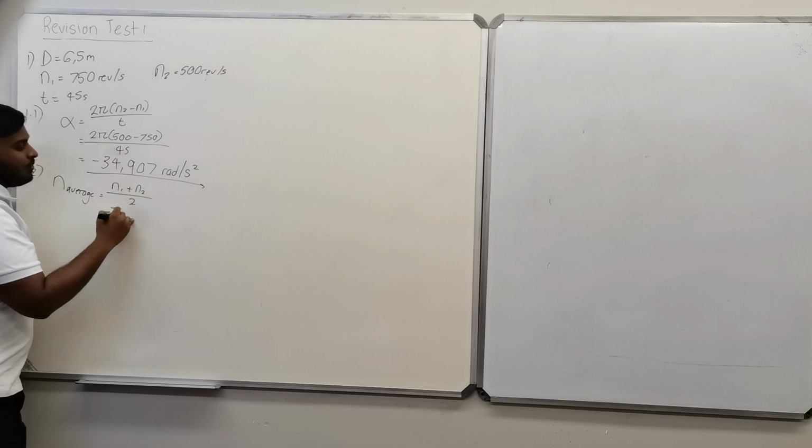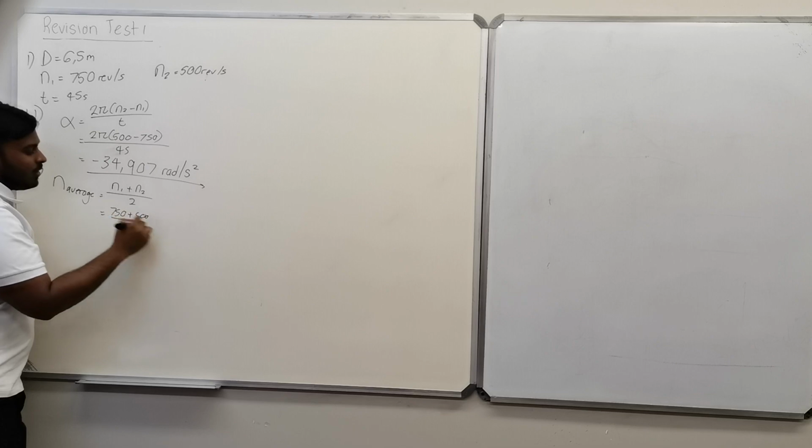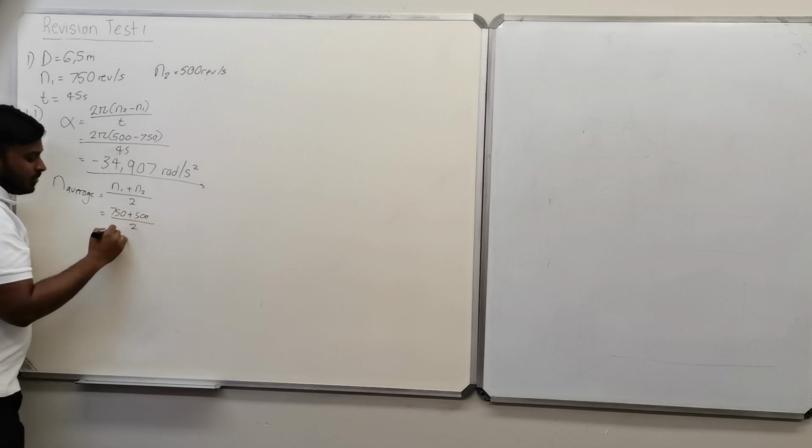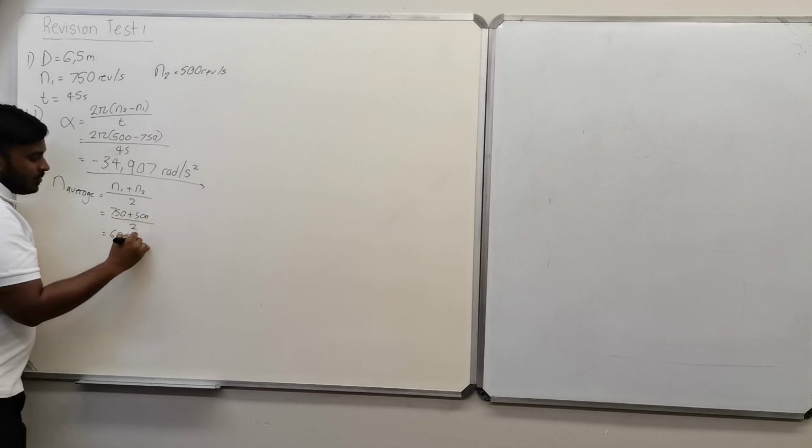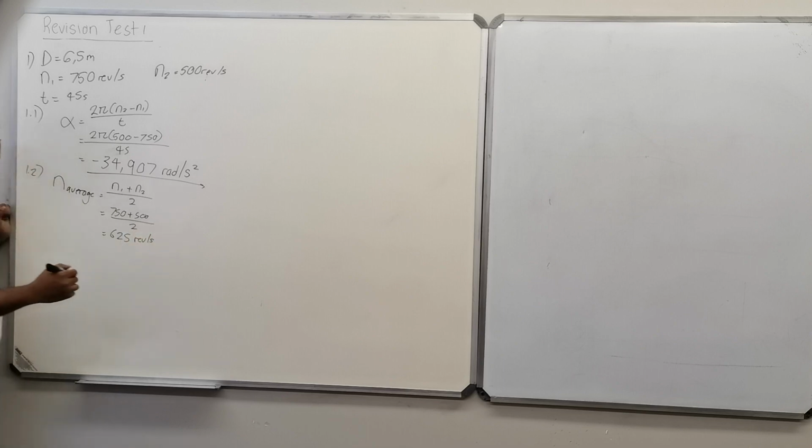This is 750 plus 500, all over 2, which is 625 revolutions per second. So what does that tell you? That tells you in 1 second there's 625 revolutions. Remember the complete duration for deceleration is 45 seconds.